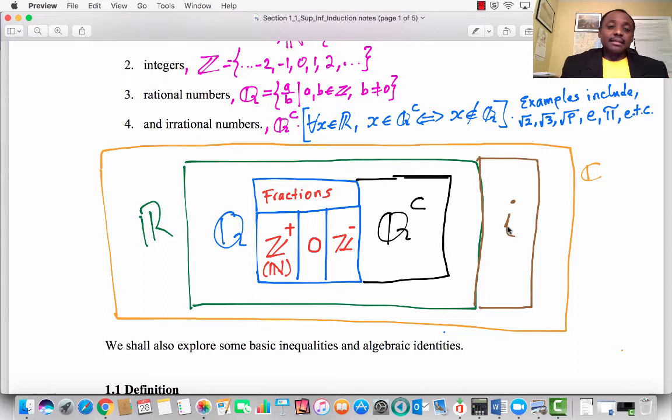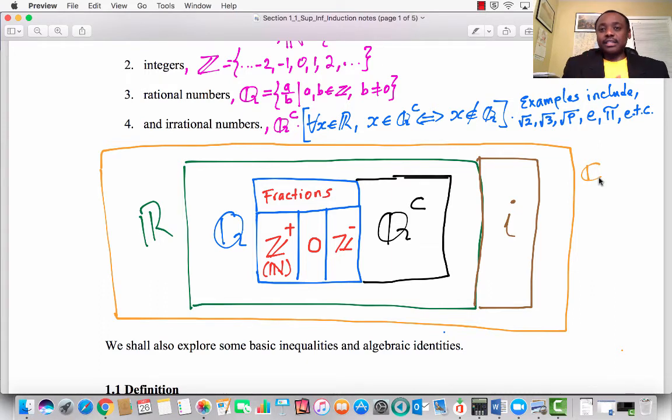Now, for this class, this is real analysis, advanced calculus, so we would mostly deal with real numbers, but just in case, if I add the number i, the imaginary number, which is the square root of negative 1, to R, then I get the box in orange, which is the set of complex numbers, numbers of the form a plus bi, where i is an imaginary number, and that equals the square root of negative 1.